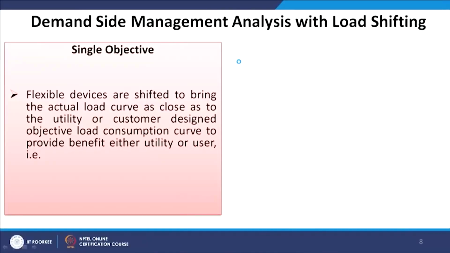Now, moving to demand side management analysis with load shifting, there could be two different case studies. One is single objective, where you always try to impose some program, concept or technology on your customers so that the utility gets benefited, and that is a single objective optimization. You reduce your peak by advising your customers not to operate much during peak hours and to shift their loads to off-peak hours.